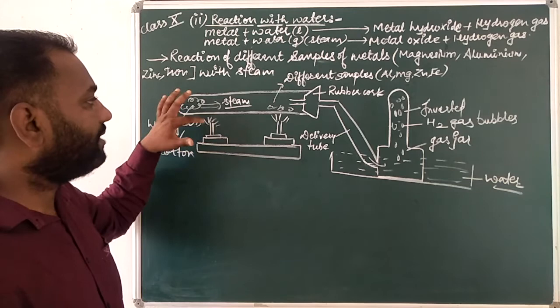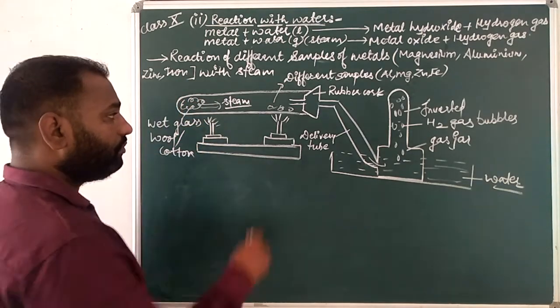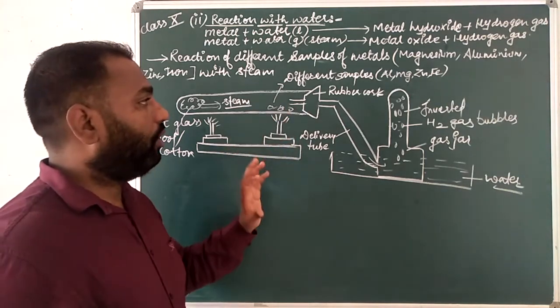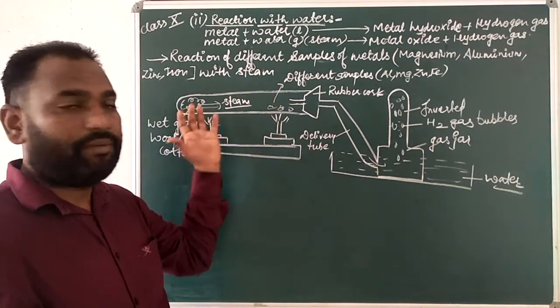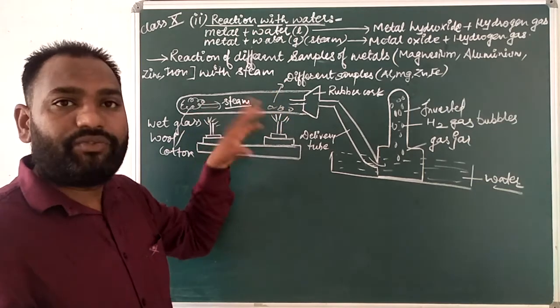This is the wet cotton wool or wet glass wool. It creates steam when we have the burner at the downside, in hot conditions. One time we place aluminum, and aluminum reacts with steam. Next time we place Mg, magnesium, and it reacts with steam.